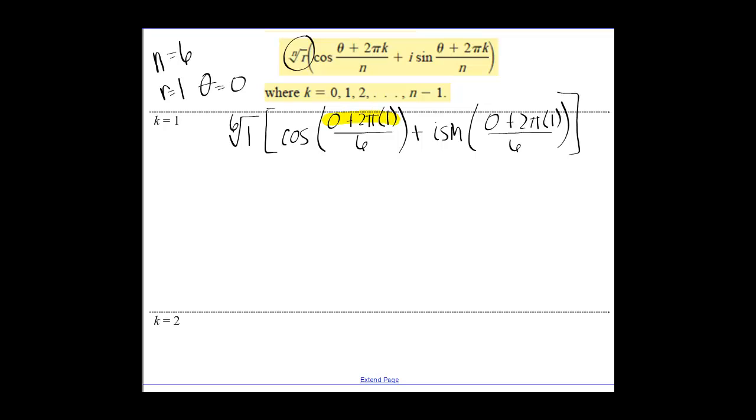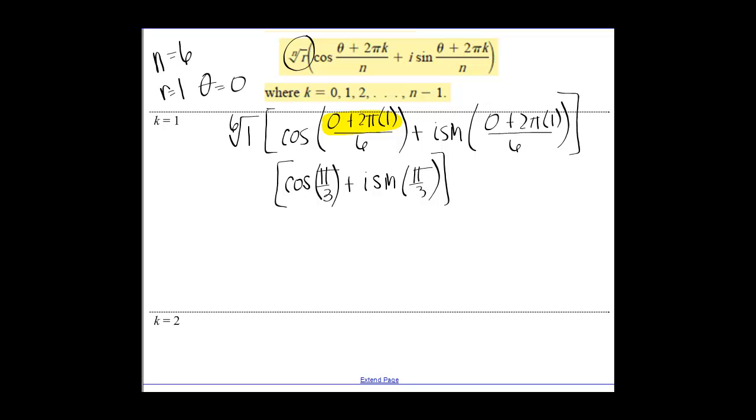So again, let's clean up the numerator. I've got 2 pi all over 6, or cosine of pi over 3 plus i sine of pi over 3.